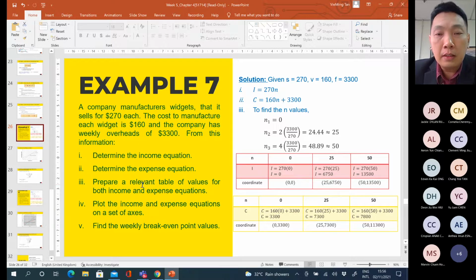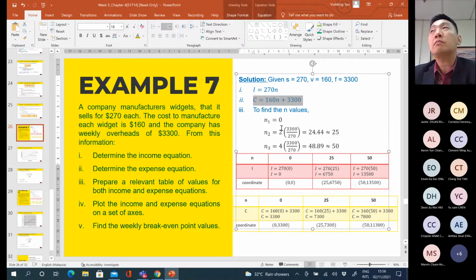Determine the expense equation, that means the cost equation. You are asked to develop the total cost equation. The total cost is formed by total variable cost and fixed cost. So total variable cost is 160 multiplied by n plus the fixed cost 3,300. This is the equation that we can form for total cost.